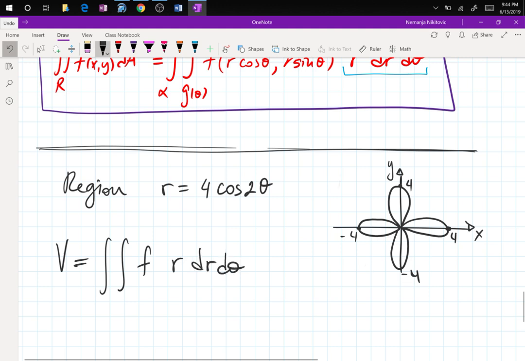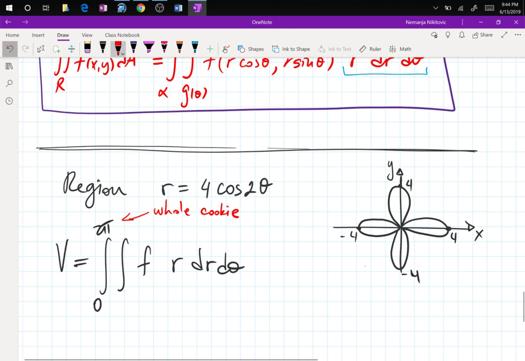See, I need the volume of the entire cookie. So that's going to be 0 to 2 pi. This 2 pi over here is the whole cookie. I'm not looking only for one petal.